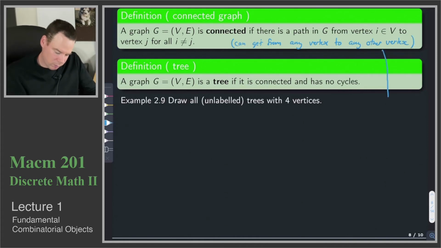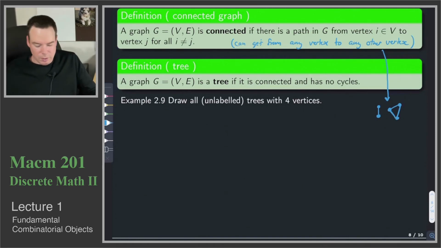So for example, maybe we'll just draw a couple here. So here's a graph. It consists of 5 vertices and 4 edges, and this is not connected.